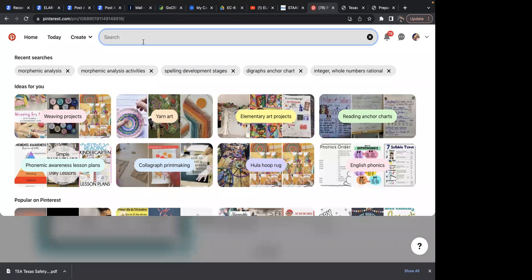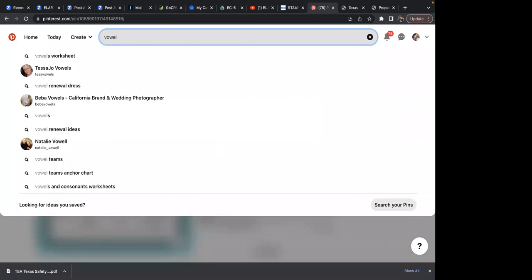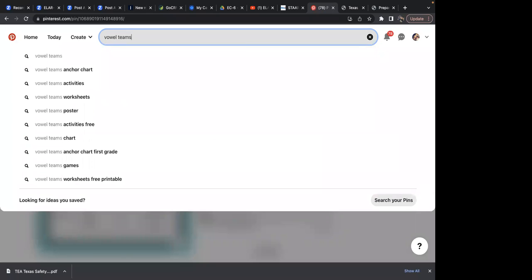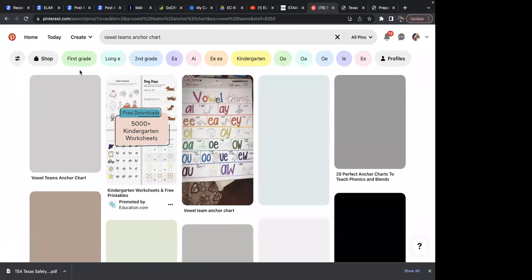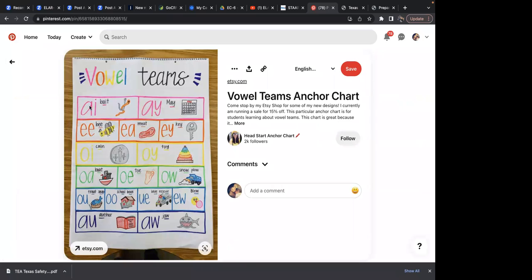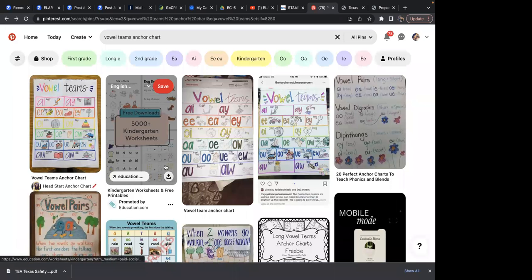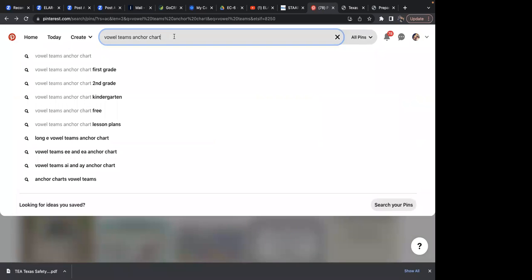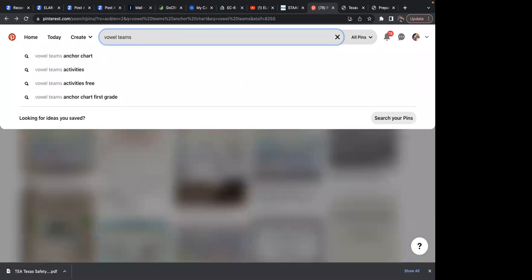So let's take a look at vowel teams. I think I looked at those yesterday. Vowel teams anchor chart. Bait. They're vowel teams, 2 of them together to make a sound. But let's look at vowel team activities.